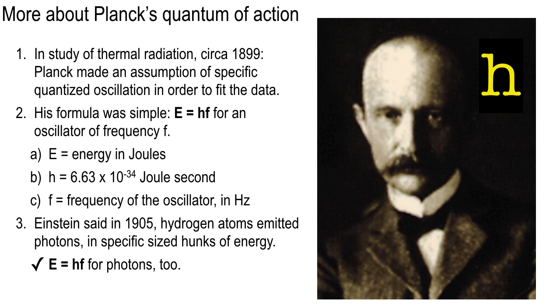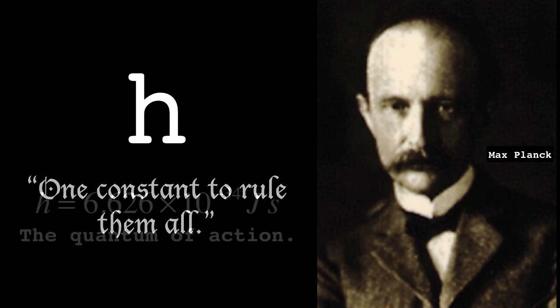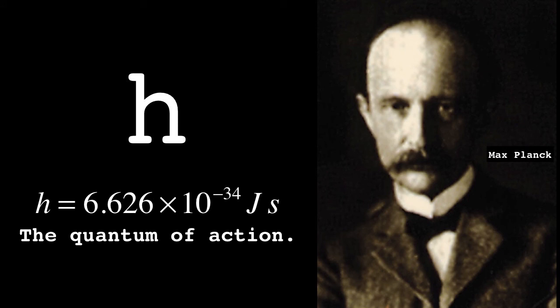The guy that figured that out was a French guy named Louis de Broglie. And he used Planck's constant, E equals hf, for electrons. And we're going to do that in just a minute. Here's my favorite slide. Planck's constant, the one constant to rule them all. And here's the value of Planck's constant. And I think in homework next week we'll do one or two calculations with this.